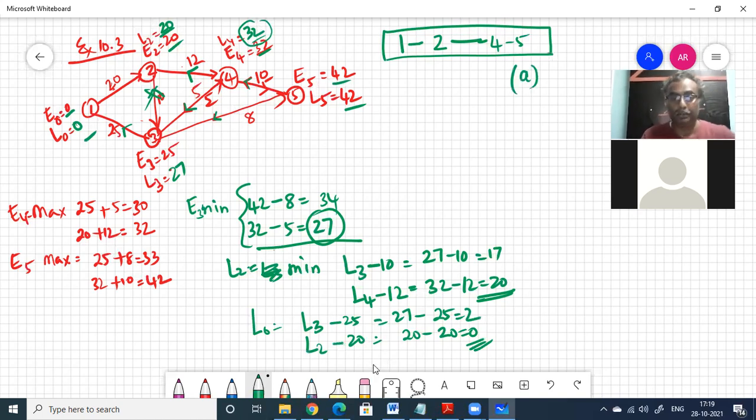All right. Quite a difficult sum, this one. Why they are giving it in a multiple choice question, I don't know. Anyway, 1, 2, 4, 5 is the correct answer. So this one becomes the critical path.